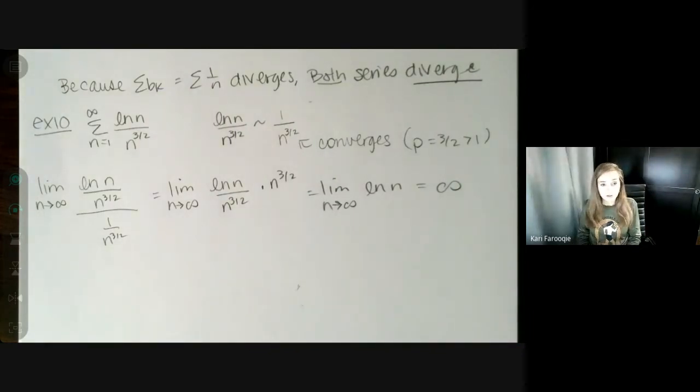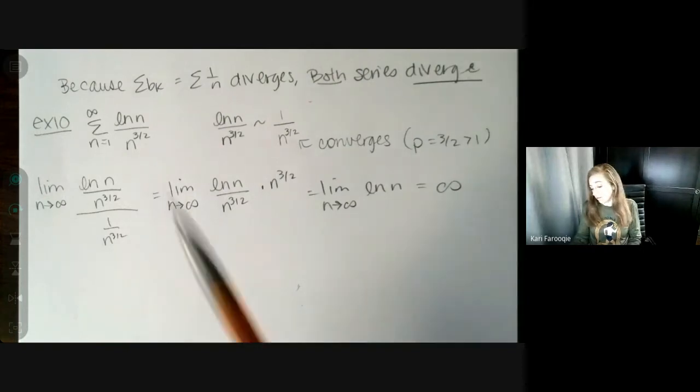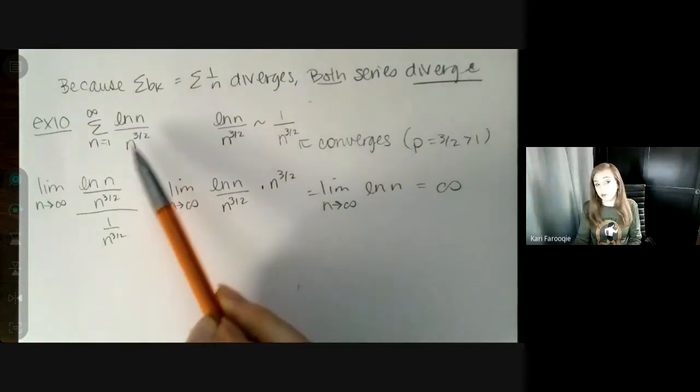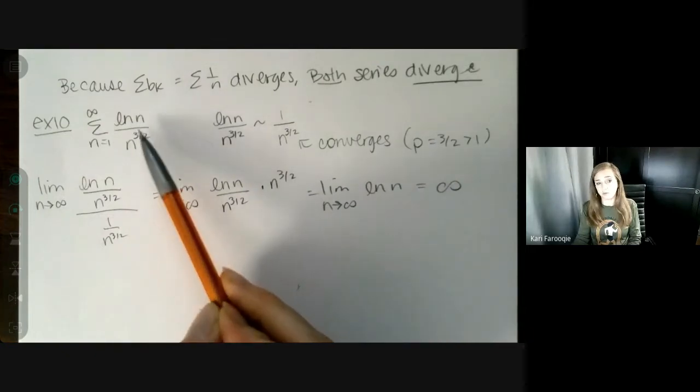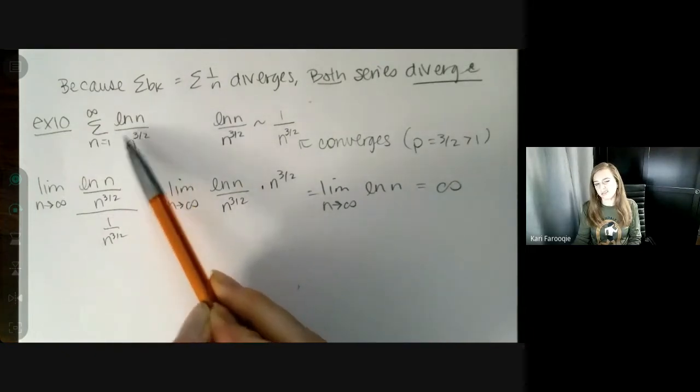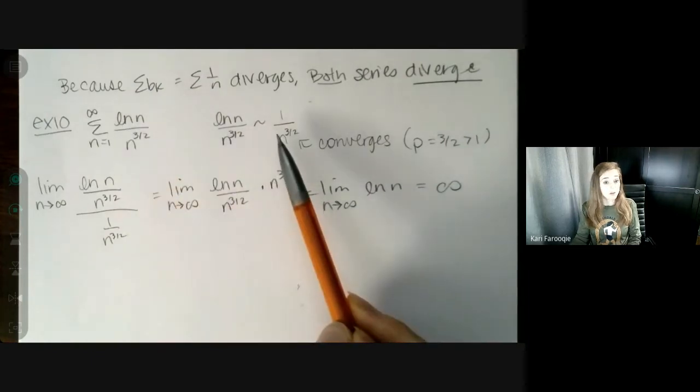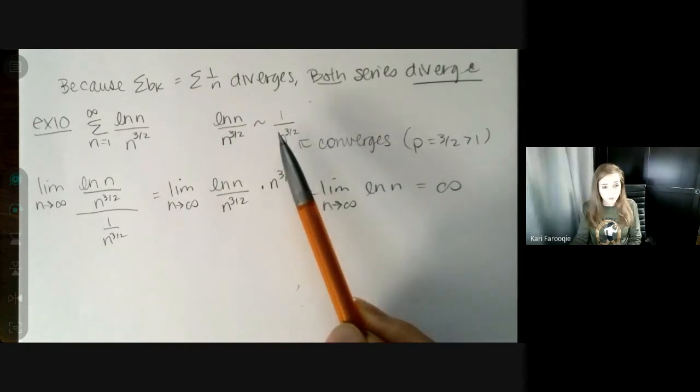Maybe your series converges, maybe it diverges, but you don't know. Personally, I would look at this and think it probably converges, just because of the denominator getting larger a little bit faster than the natural log of n. So this seems like it was a good idea, but it didn't work.